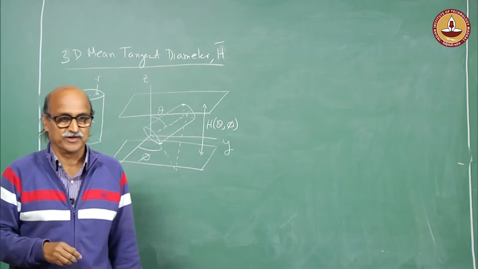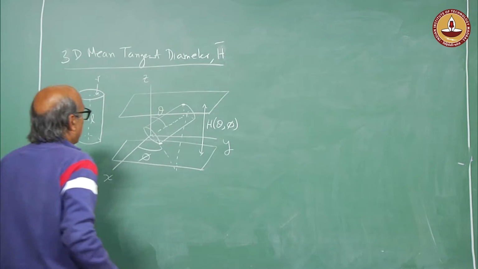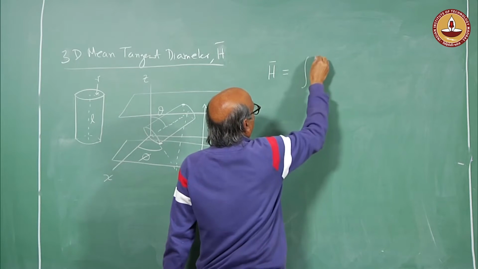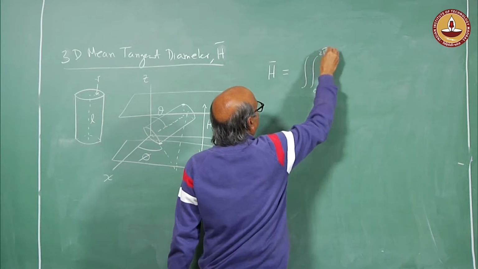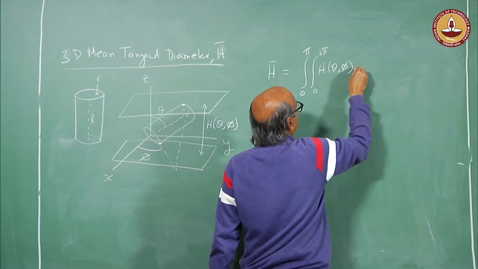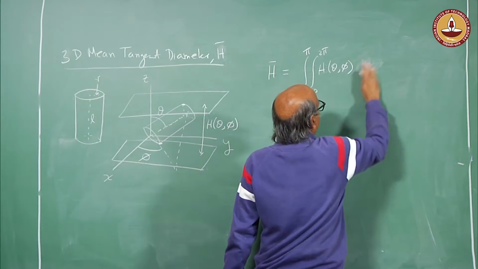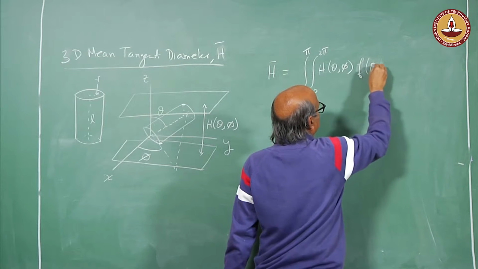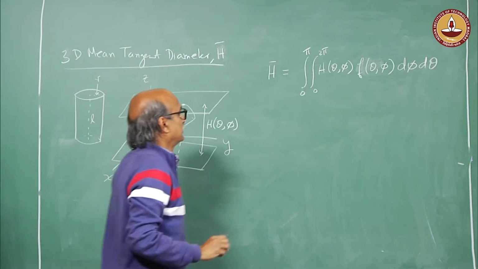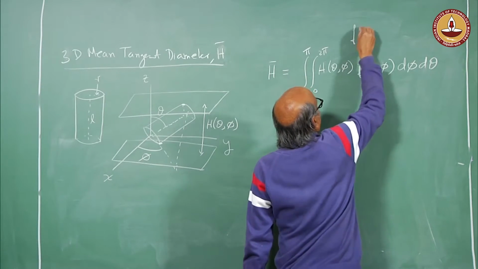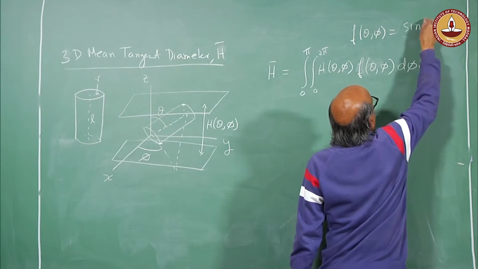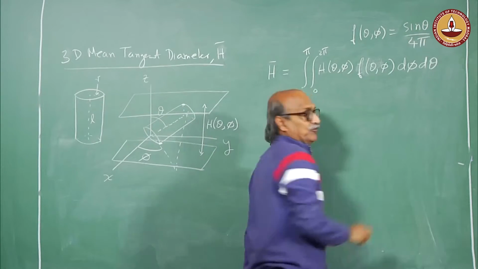The distance of separation between these two tangent planes is h(theta, phi), and in order to get the mean tangent diameter, I will now have to do a double integral over phi and theta of h(theta, phi) times the density function in 3D, d phi d theta, and remember that the density function is just derived as sin theta upon 4 pi.